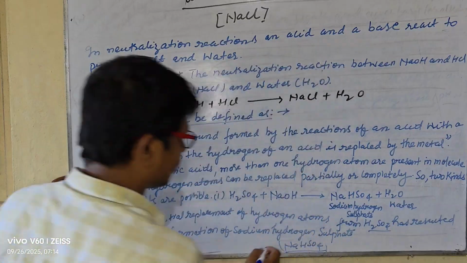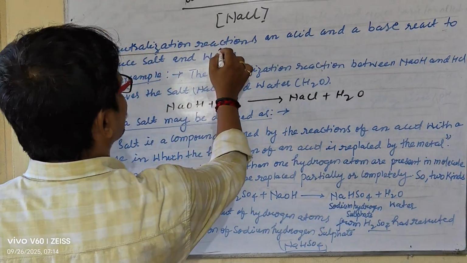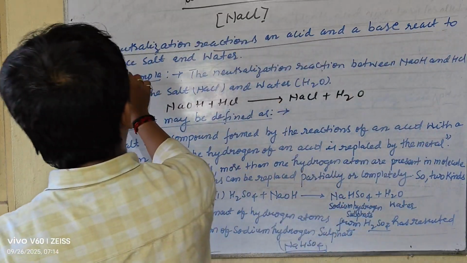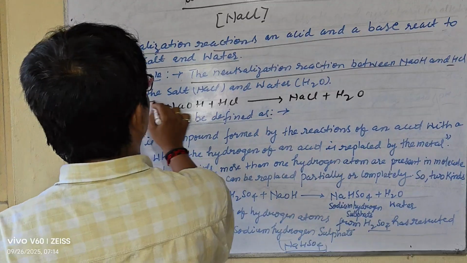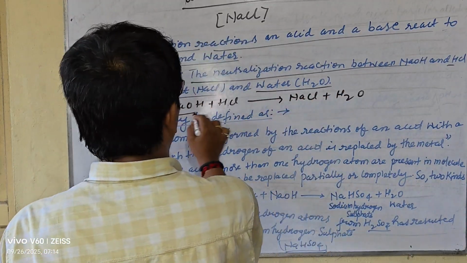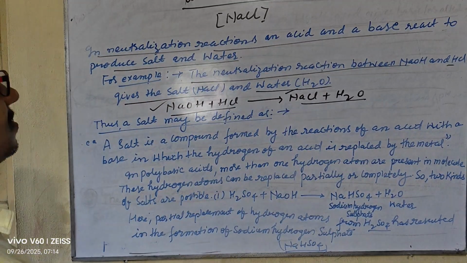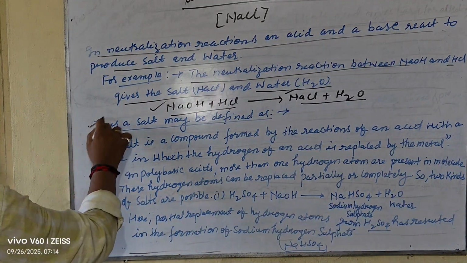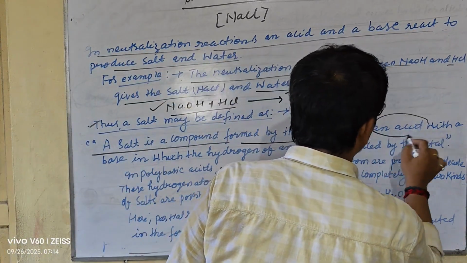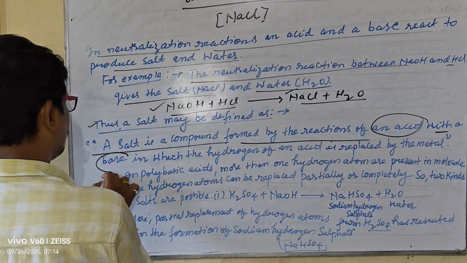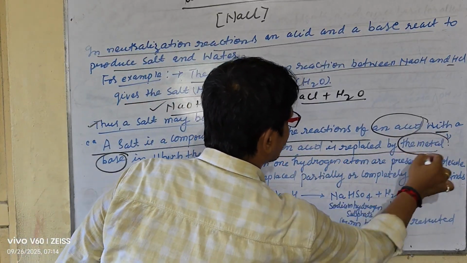So my dear student, in a neutralization reaction, an acid and a base produce salt and water. The neutralization reaction between NaOH and HCl gives the salt NaCl and water, H2O. Thus a salt is a compound formed by the reaction of an acid with a base in which the hydrogen of an acid is replaced by the metal.